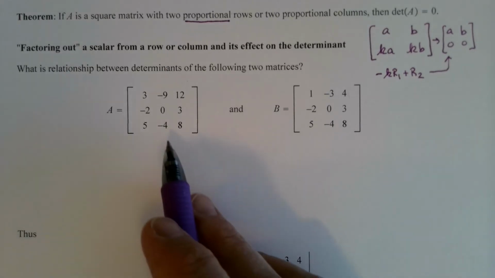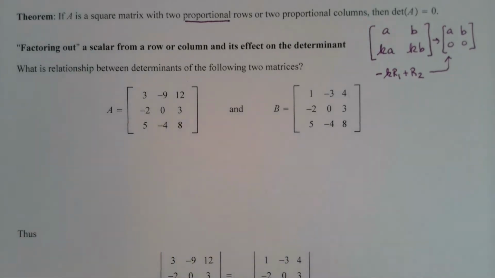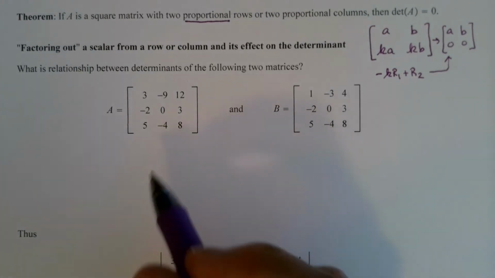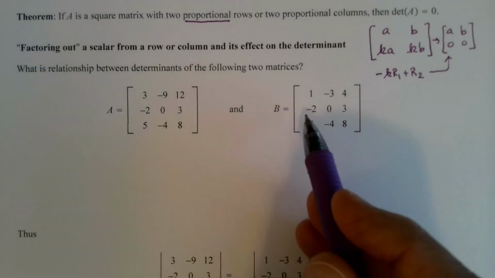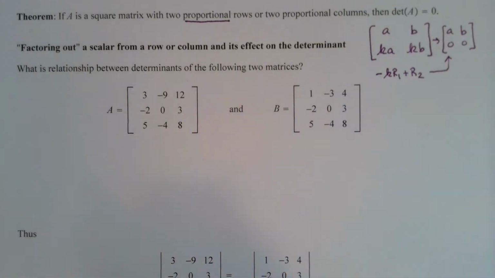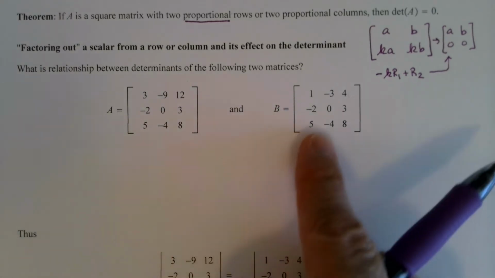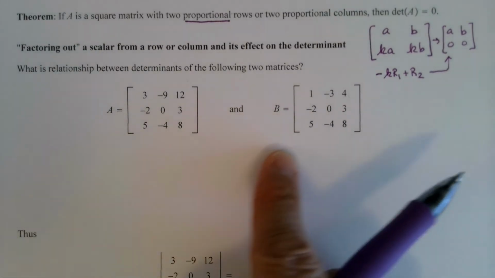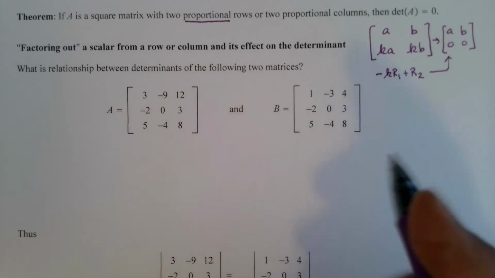Okay, well, let's first of all ask, what's the relationship between these two matrices? We see the second and third rows are the same, but the first rows are different. Can you think of a row operation that was done in going from here to here? Sure.